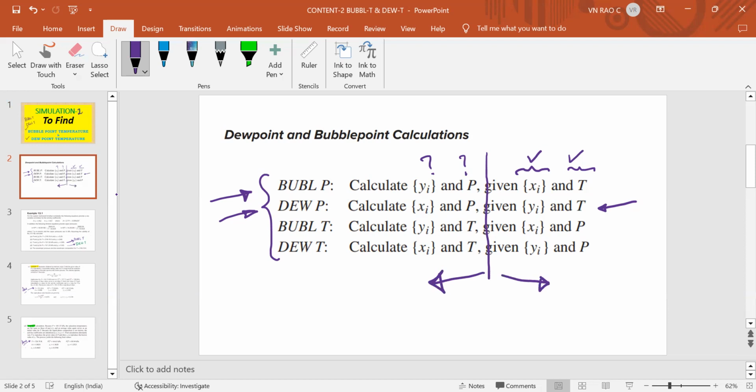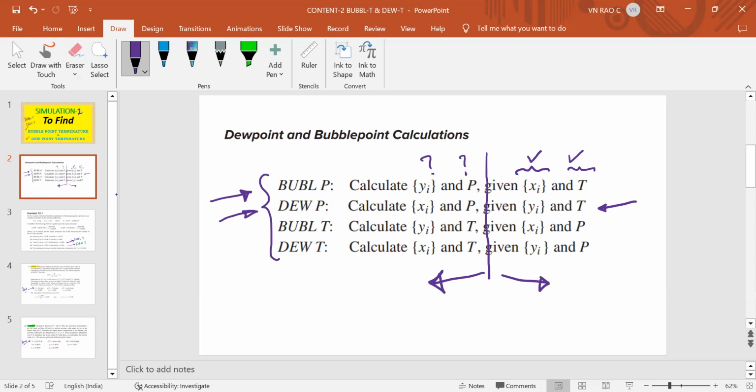The left side is the unknown quantities, the right side are the known quantities. Bubble means that the X, liquid phase compositions, are known, and as per the requirement, we are finding pressure or temperature. Between pressure and temperature, we have to specify the intensive variable.